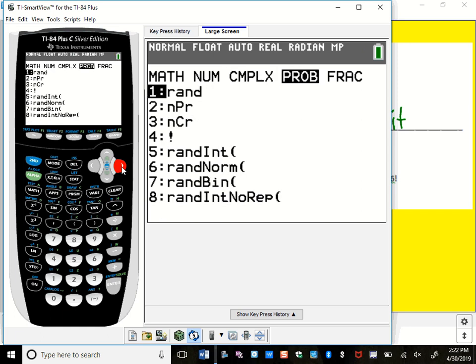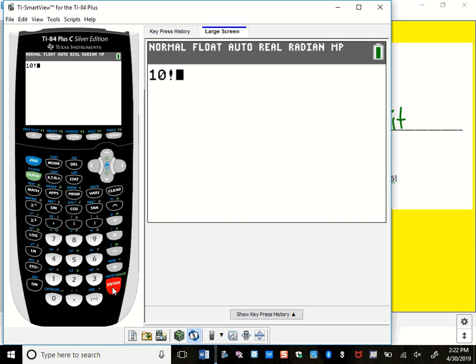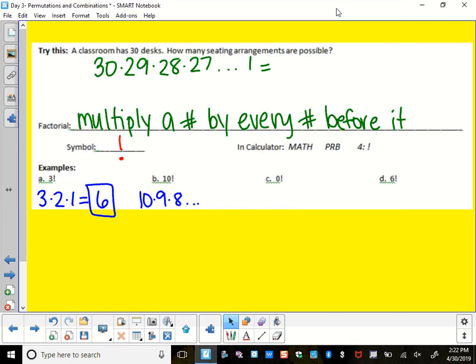Mine says PROB. Depending on how new your calculator is, it may just say PRB. It means probability. And we're going to go down to number 4. Once you hit that, you're going to hit enter again. So you get this number. You should get 3,628,800. What else are you saying? 3 million.